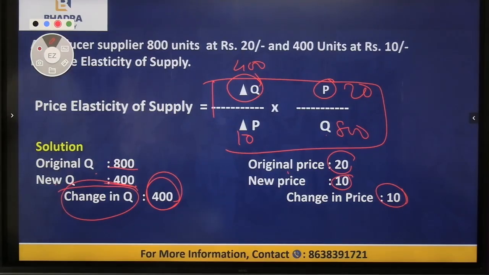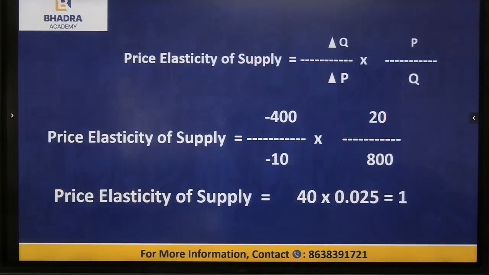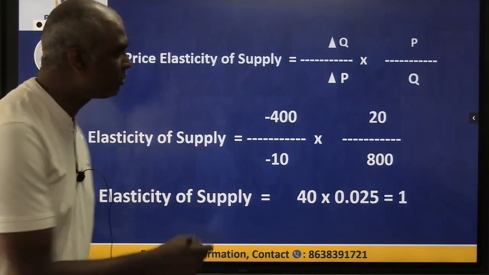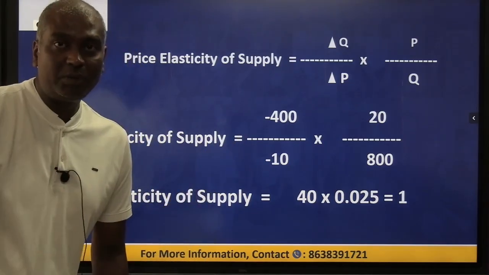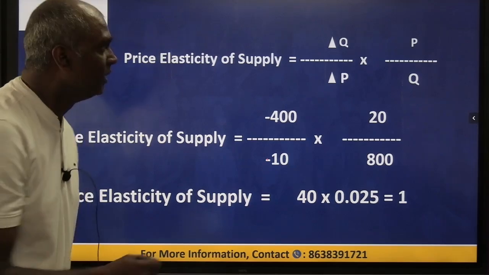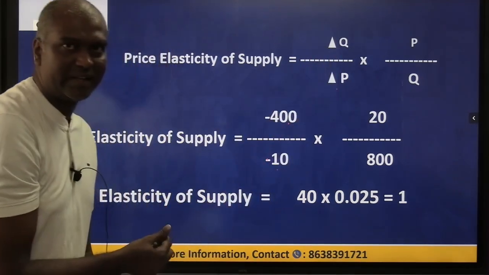Now let us continue and apply the formula. Since the old quantity is higher and the new quantity is lower, you have minus, and the old price is higher, 20, the new price is 10, so we have minus 10. Clear? So del Q is minus 400, del P is minus 10.